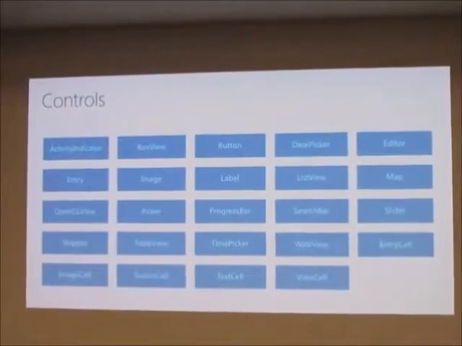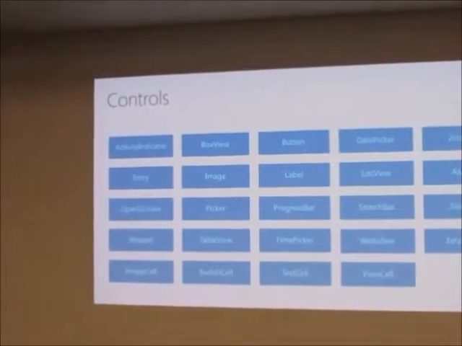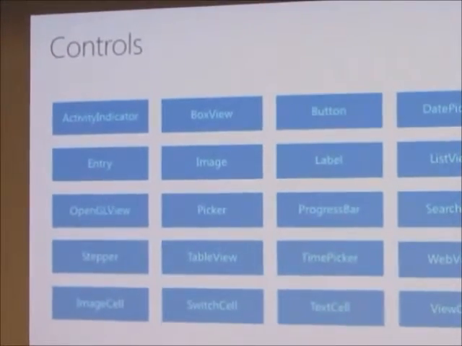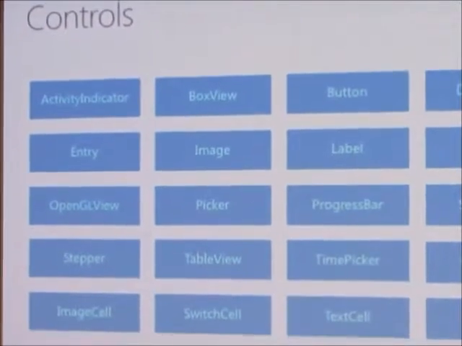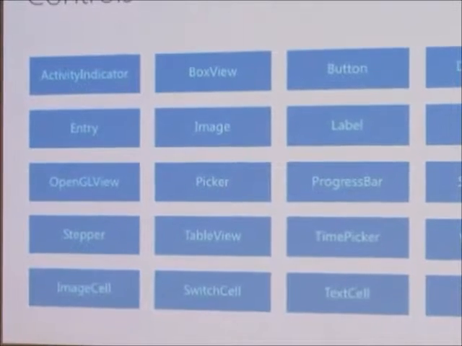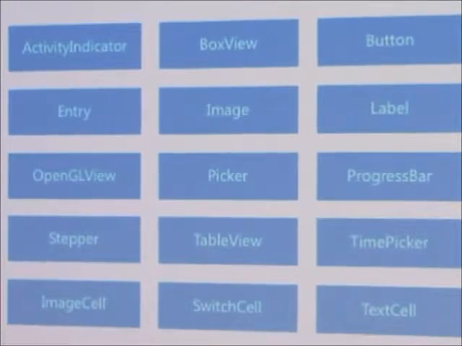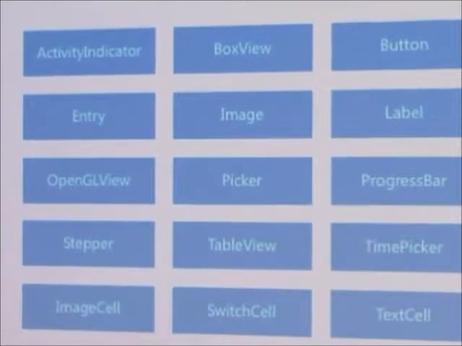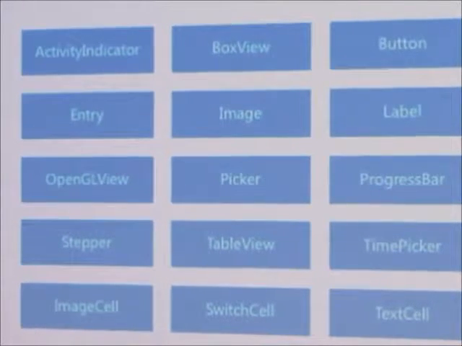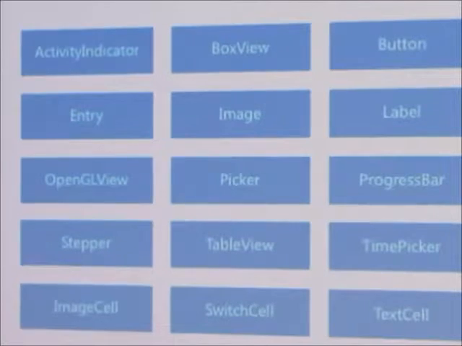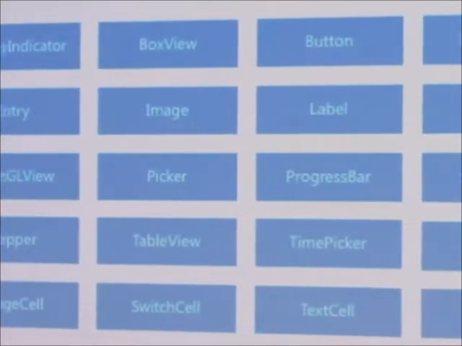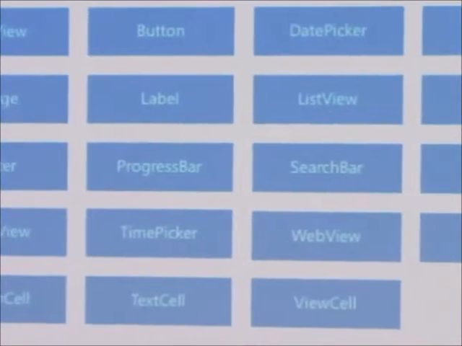Now again, like I said, you have over 40 controls and layouts and pages and all that great stuff. These are the lowest common denominator that Xamarin has picked up. So you have, say for example, an entry that you see right there on the far left, second row. The entry is basically your text box, right? It's a text box on Windows.